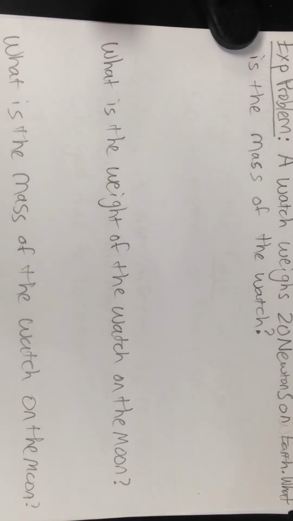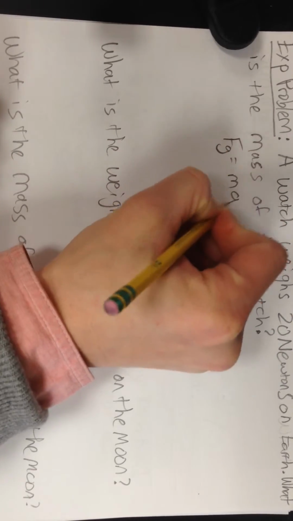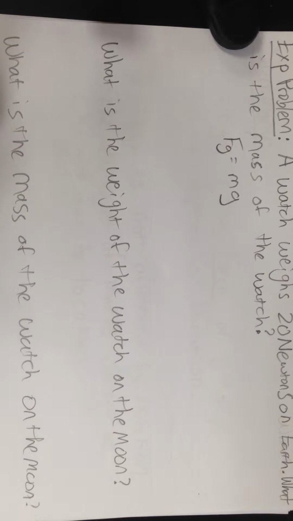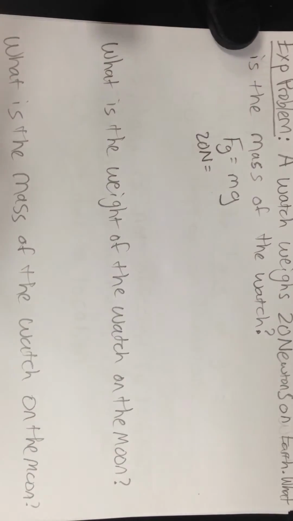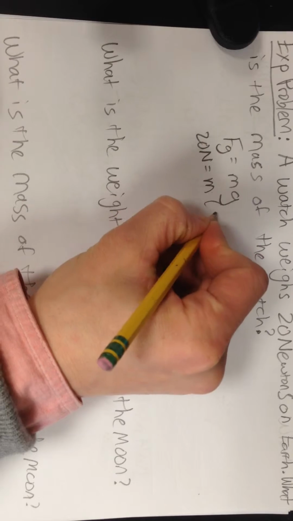Let's do an example problem with mass and weight. A watch weighs 20 newtons on Earth. What is the mass of that watch? So let's use our weight and mass equation there. Fg equals mg. If the watch weighs 20 newtons, that's the force of gravity on the watch. And they want us to calculate its mass on Earth.